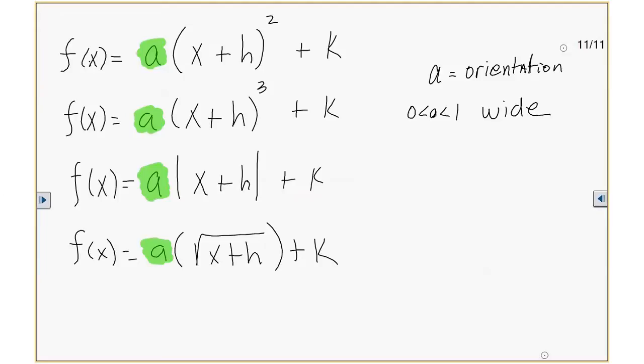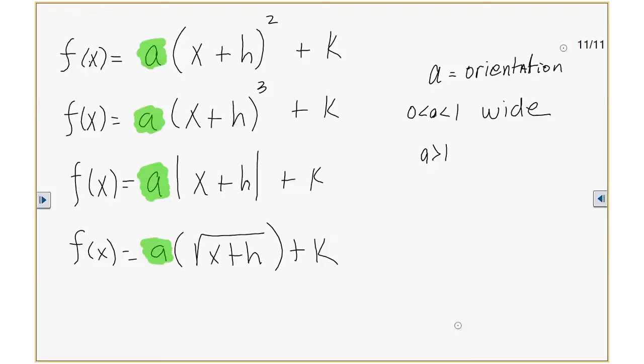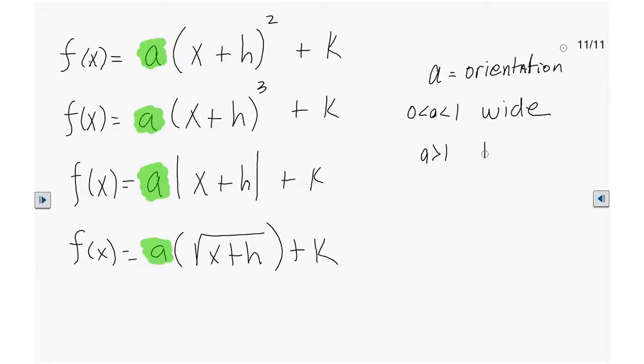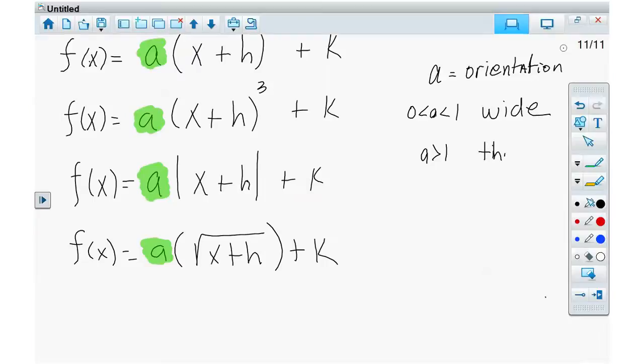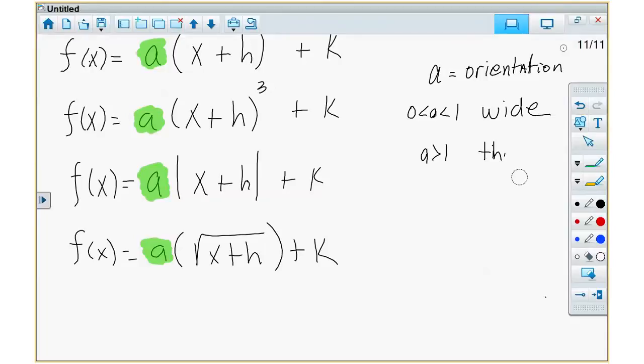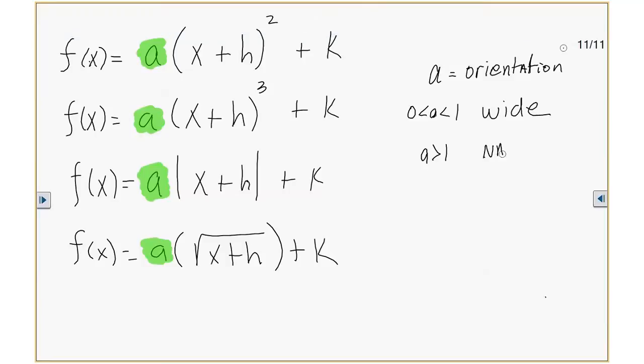If A is greater than 1, meaning 3 halves, 2, 4 halves, 6, 21 halves, I don't want to use the word thin because that's the wrong context. Narrow. Narrower than what? Narrower than normal, meaning narrower than your parent graph.